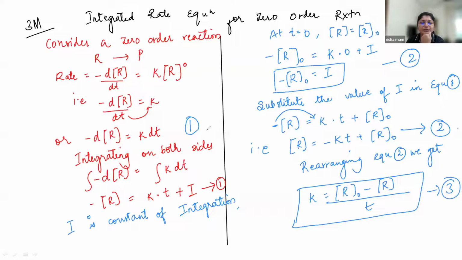If you make any mistakes in these steps, the marks will be deducted. Suppose you make a mistake here, then you will get only 1 mark for the entire question. If you make a mistake in the first step, you will get 0 marks. So the marks are distributed like this. Is it clear?